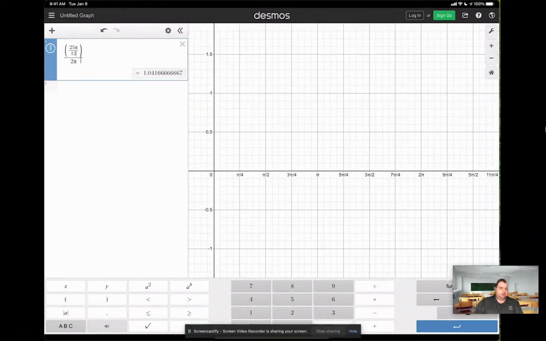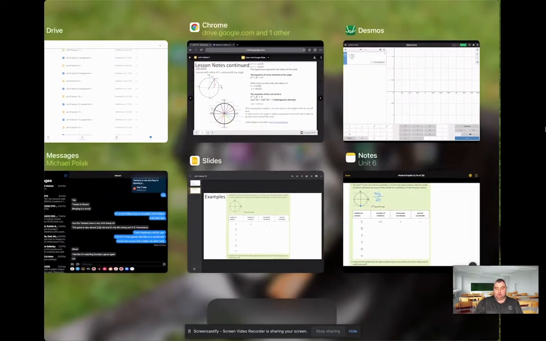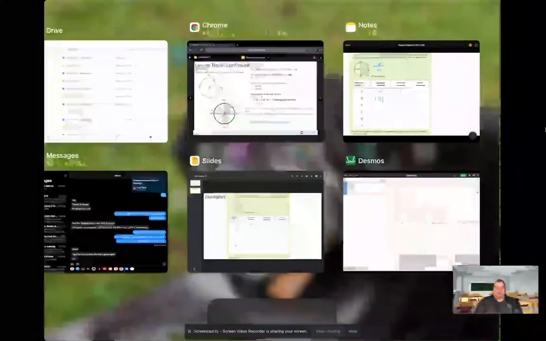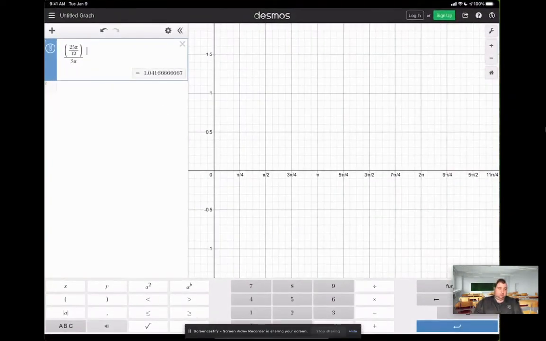So 25 pi over 12 divided by 2 pi is approximately 1.04 rotations. So that means you go around the circle once and then you go a little bit around a second time. So the next one is 5 pi over 2.